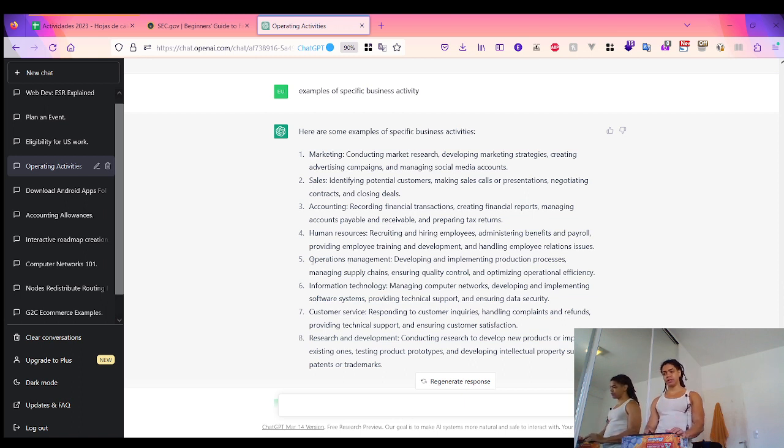Then I look at operations management. Operations management is developing and implementing production processes, managing supply chain, ensuring quality control, and optimizing operational efficiency.